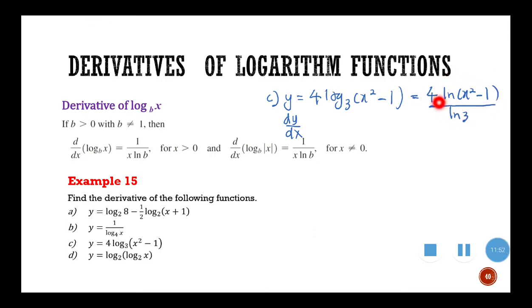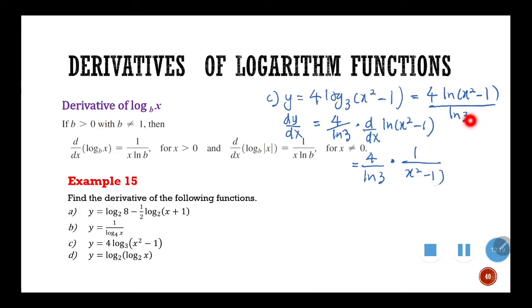You just need to differentiate ln (x squared minus 1). 4 over ln 3 is nothing but a constant. So what you have here is 4 over ln 3 times d dx of ln (x squared minus 1). The answer will be 4 over ln 3 times 1 over x squared minus 1.